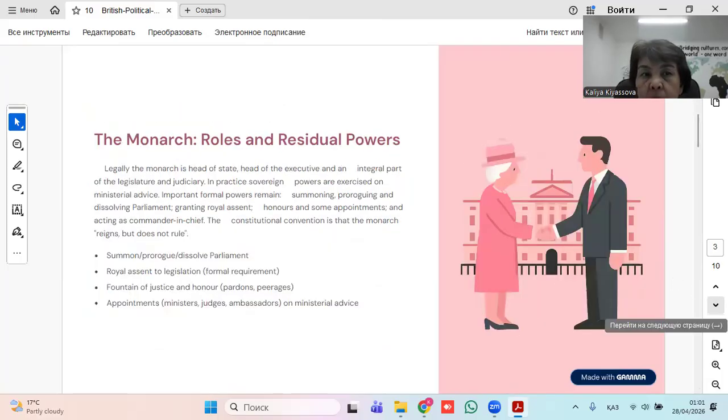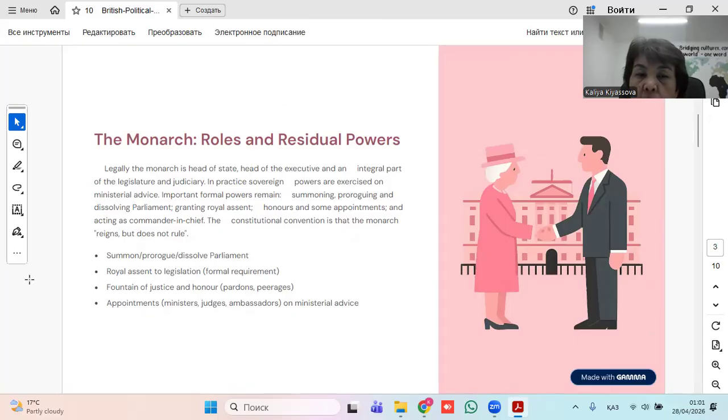And the monarch rules and residual powers. Legally, the monarch is head of state, head of the executive, and an integral part of the legislature and judiciary. In practice, sovereign powers are exercised on ministerial advice.